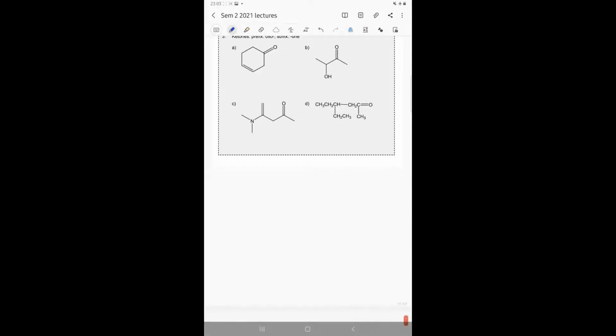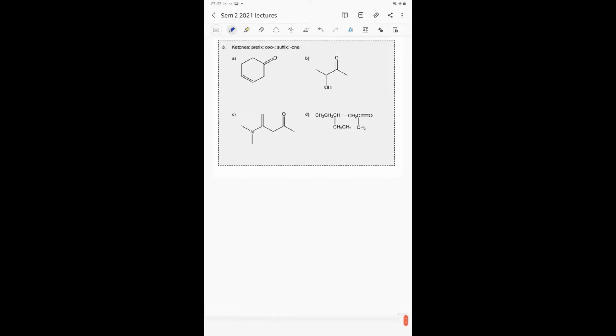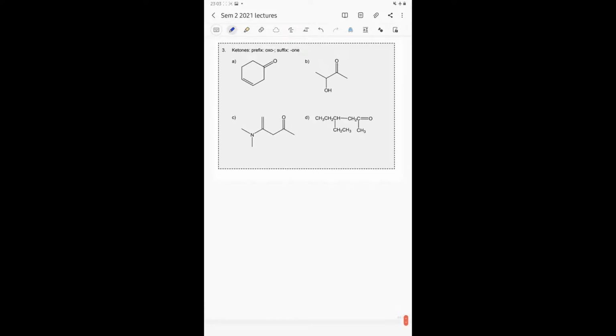Now let's go to number 3, ketone. This is in page 144, ketones. How to give a name to ketones? Let's give the numbers. The parent chain will be the one that has C double bond O. This is carbon number 1, 2, 3, 4, 5, 6.